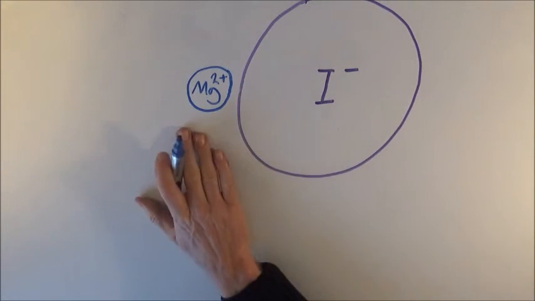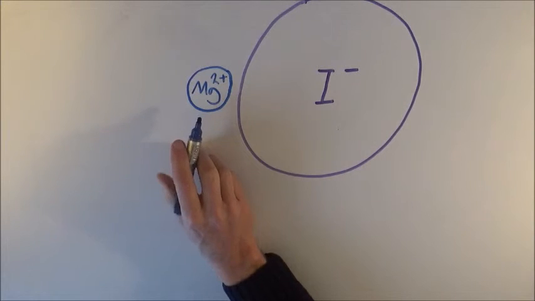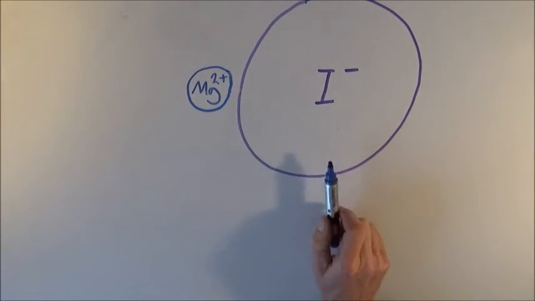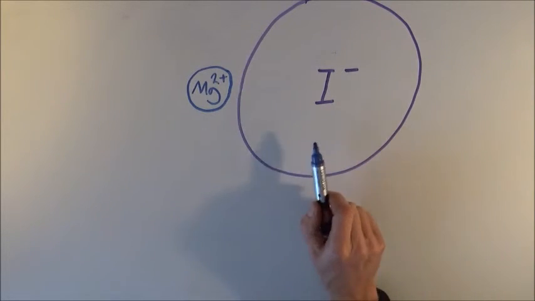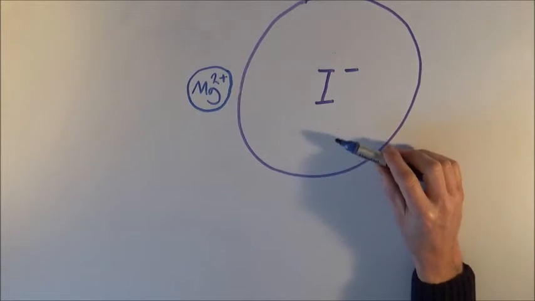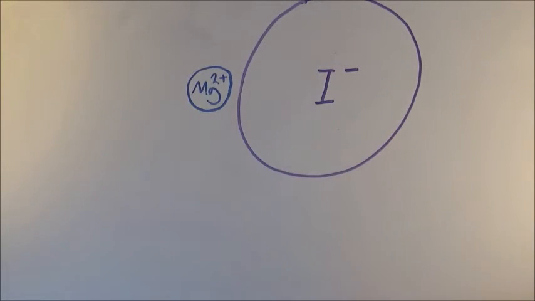So we say it's got a high charge density, a lot of charge for its size, and because this is a large ion, the electron cloud around the nucleus is easily distorted. These electrons in the outer shells are a long way from the nucleus, so they're not held quite so tightly, and so they can be distorted by the magnesium.